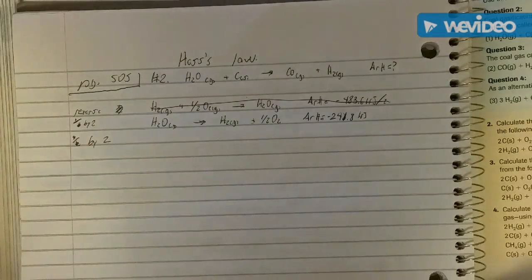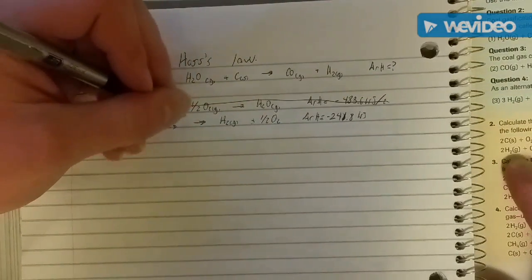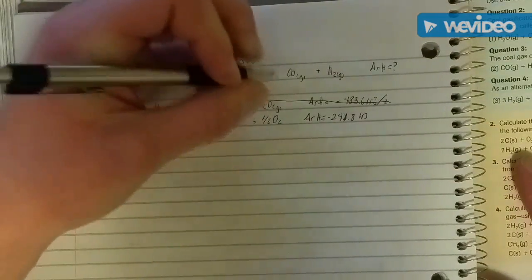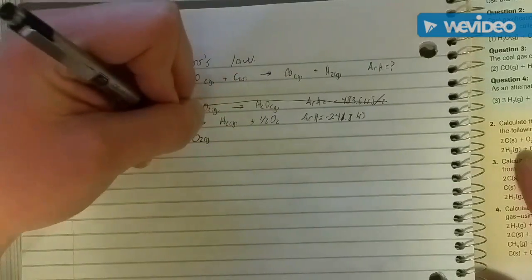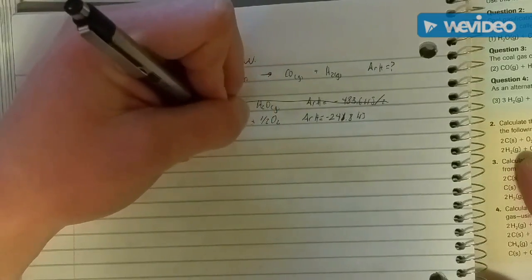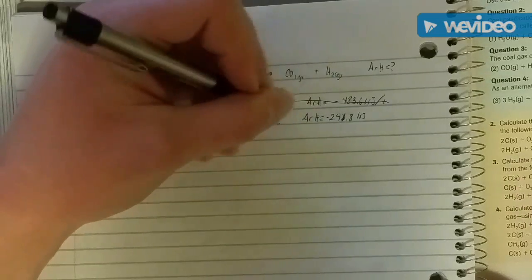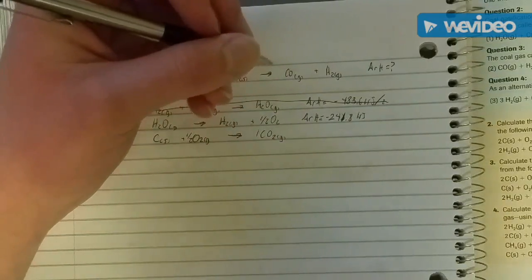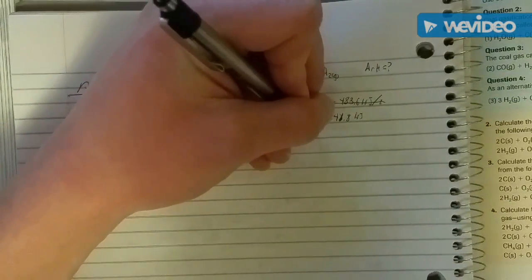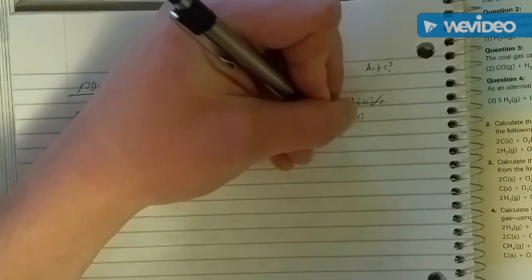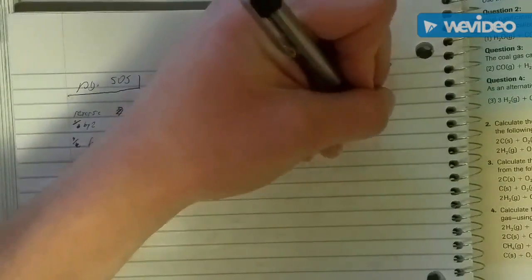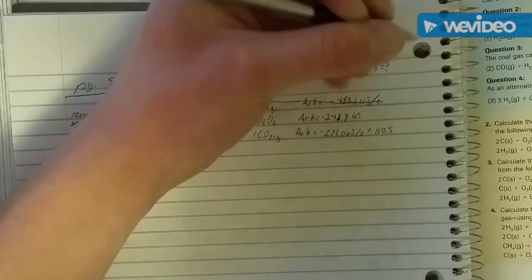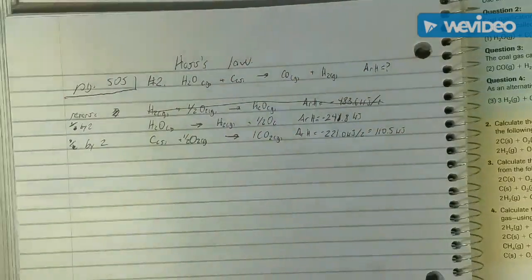So that would be C solid plus 1/2 O2 gas to form 1 mole of CO2 gas. And now we'd have to take our delta RH, which is negative 221.0 kilojoules, and divide it by 2, which is equal to 110.5 kilojoules.